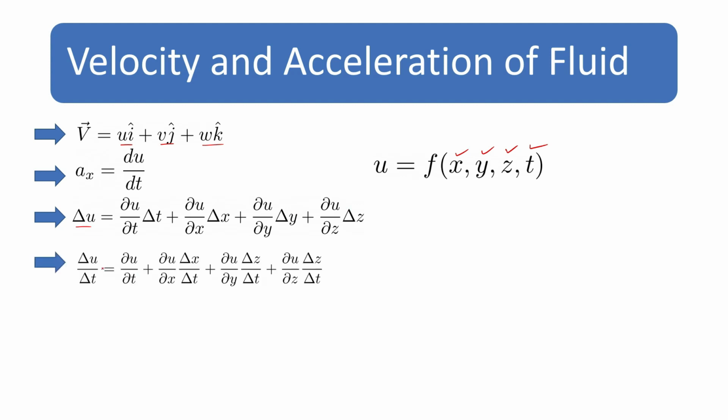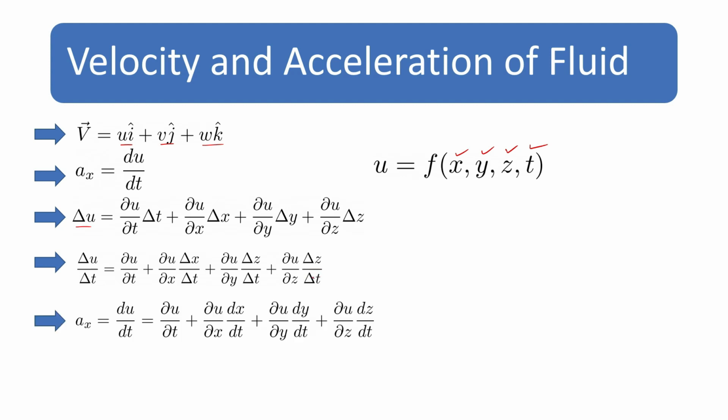Now delta u by delta t, you are dividing by delta t throughout. So delta u by delta t is equal to dou u by dou t plus dou u by dou x into delta x by delta t plus dou u by dou y into delta y by delta t plus dou u by dou z into delta z by delta t.